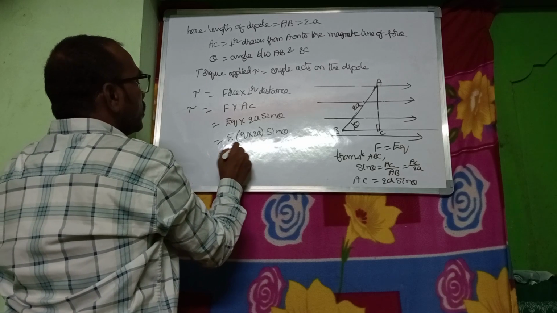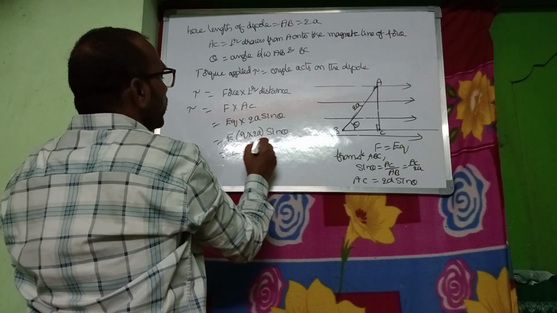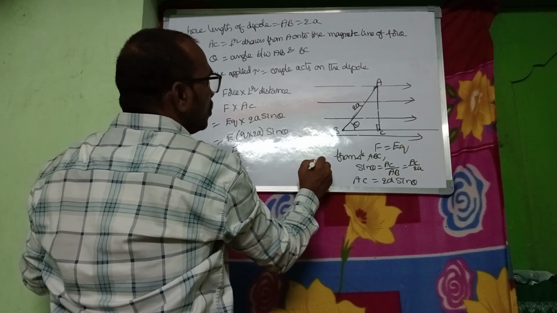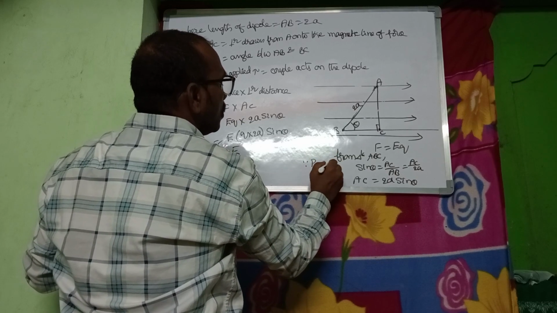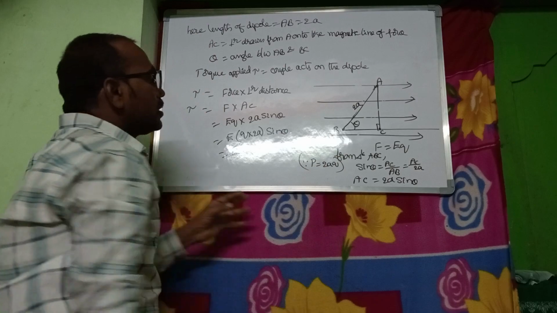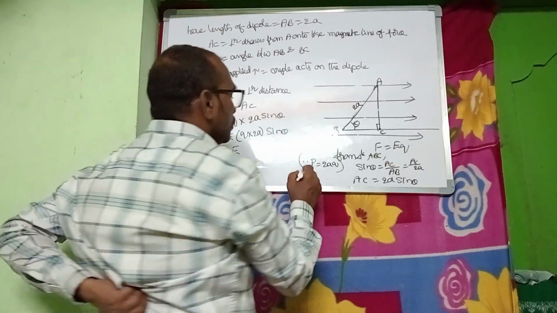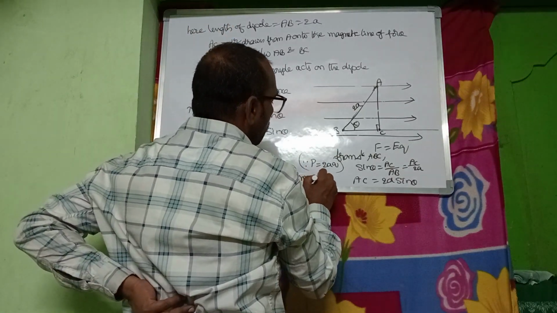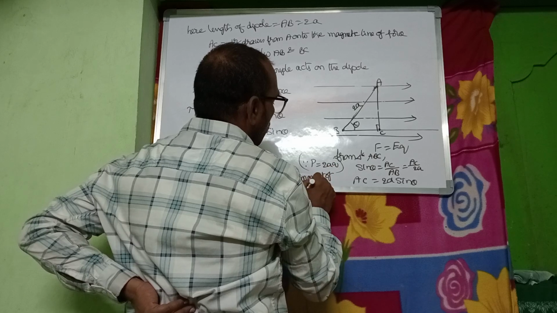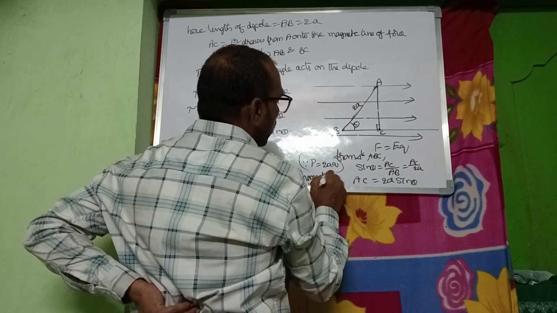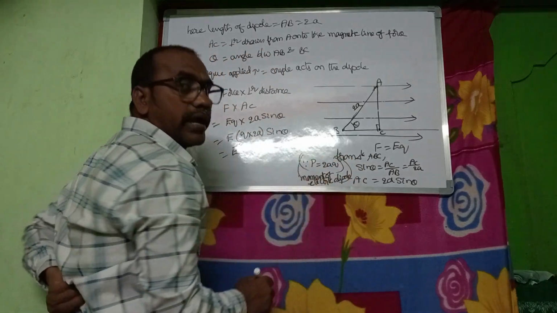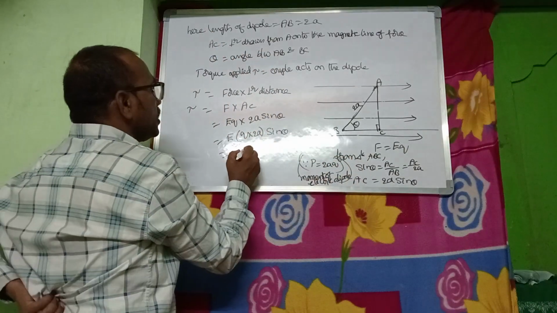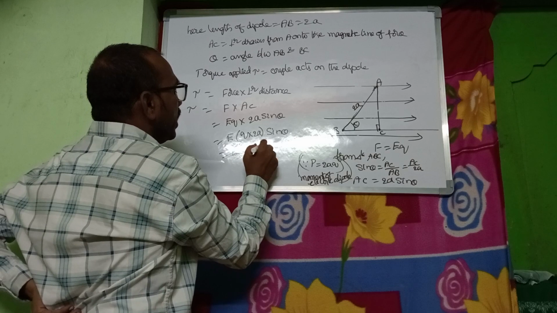Now E into 2AQ. Since P equal to 2AQ, P means the moment of electric dipole, P equal to 2AQ. So I am writing 2AQ as P into sin theta.